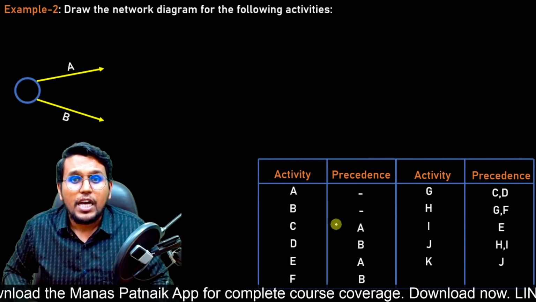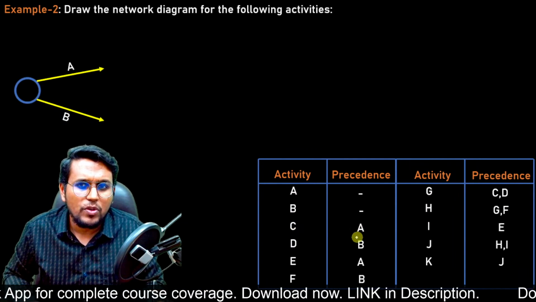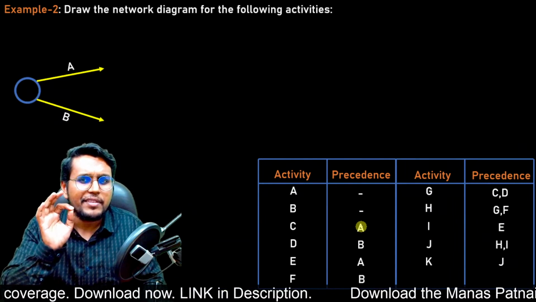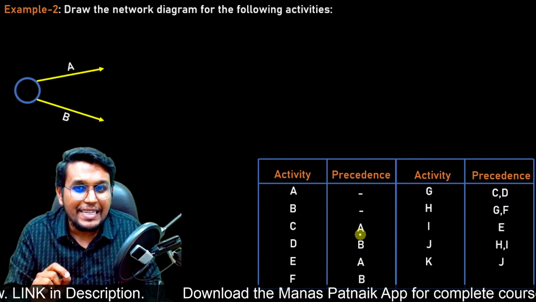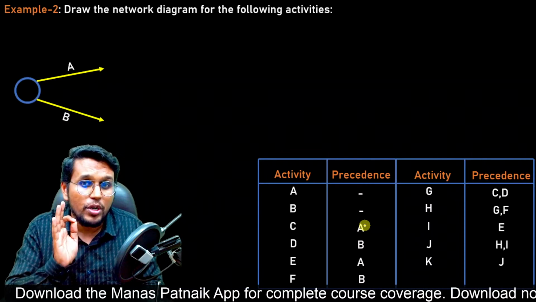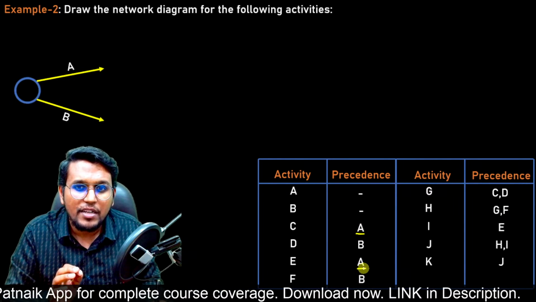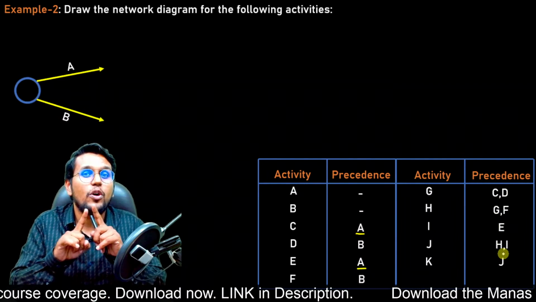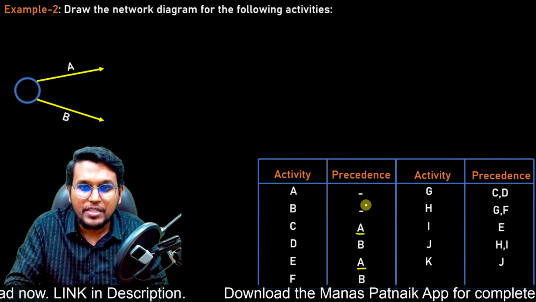Now let us move to activity C. As we can see, C depends only on A. Now what I will do, very wisely, is see in the precedence column throughout whether A is being used in combination with any other node or not. Here A is alone, here also A is alone, and I did not find any other A. That means A is not being used with any other node. So this makes my work extremely easy.